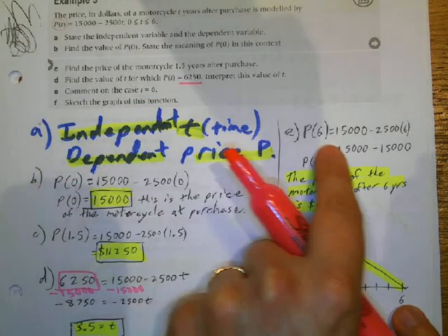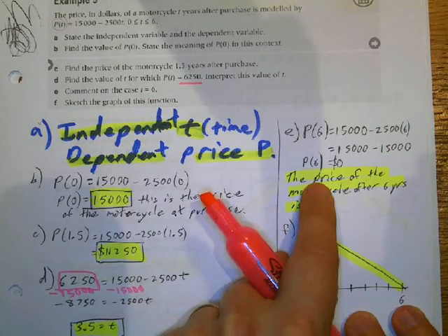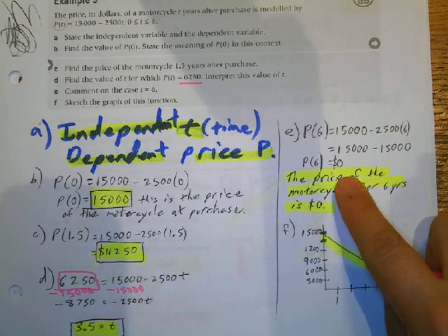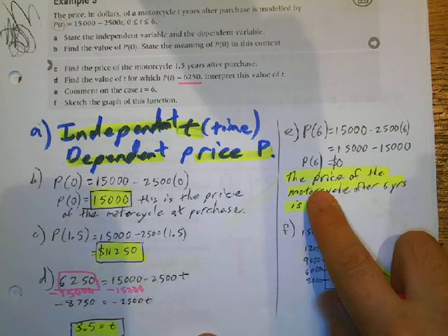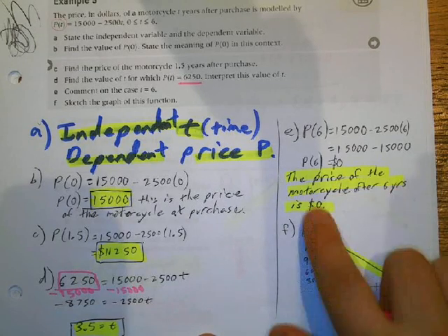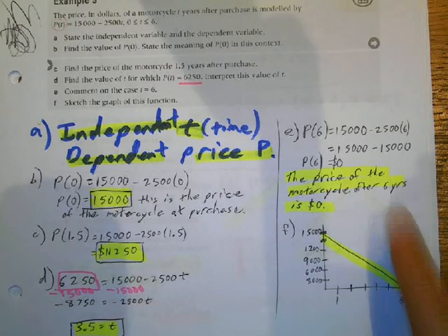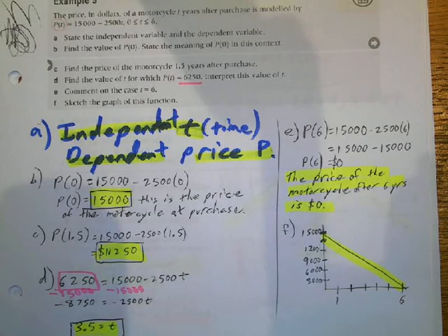If I plug in 6 for t, we end up with $0. So basically, my comment is the price of the motorcycle after 6 years is $0. I doubt the motorcycle is worth $0 after 6 years, but that's what this equation would say. I don't think it's a good equation, if you ask me.